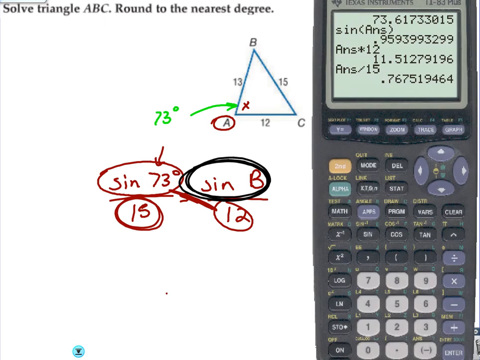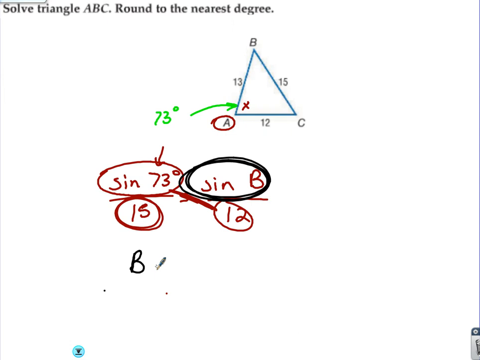How do I get rid of sine? Careful. Inverse sine. You were on the right track. I knew where you were going. The inverse sine of the answer, and you get 50 degrees. Or, so, good. B is 50 degrees or 130.